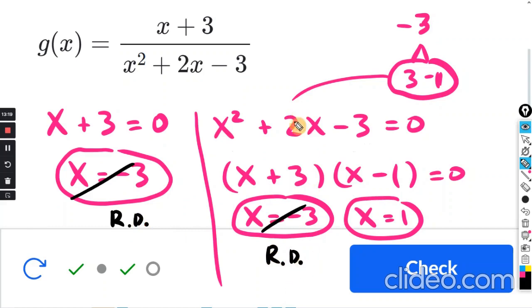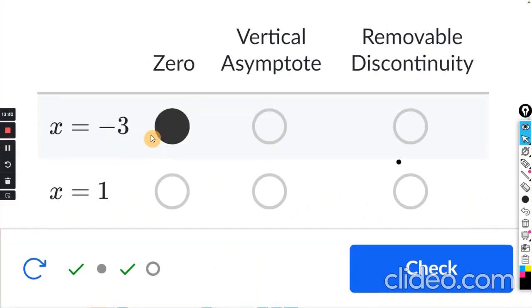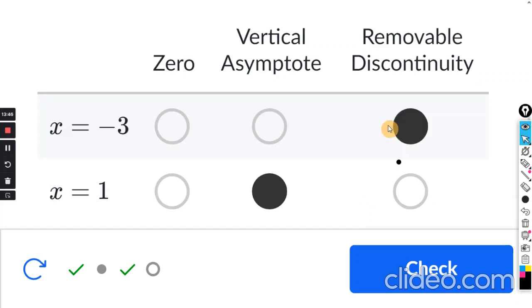And when the denominator equals 0, that is your vertical asymptote. So that's basically it. Negative 3 and positive 1. I'm sorry, negative 3 was removable, and positive 1 was your vertical asymptote because the negative 3 canceled.